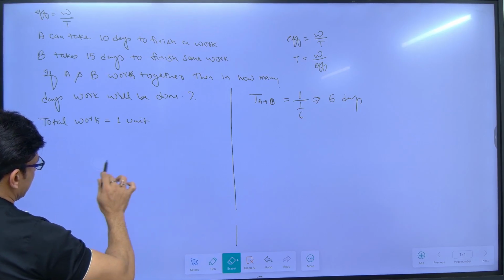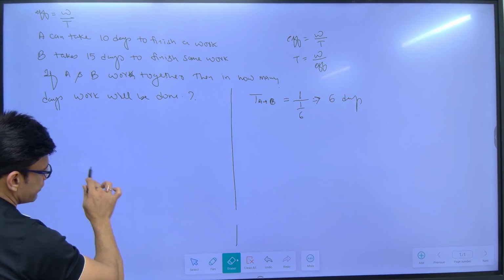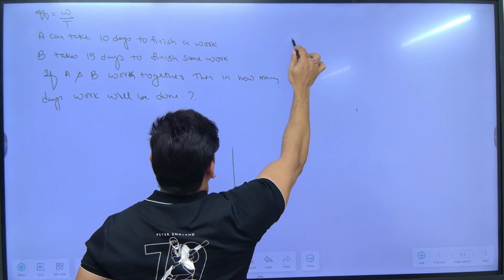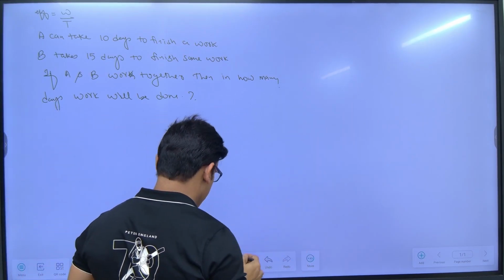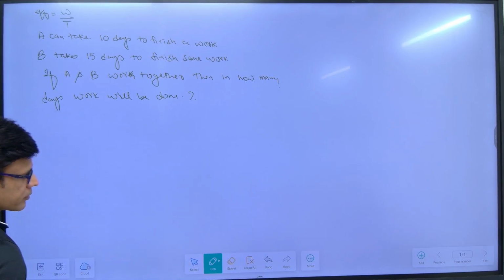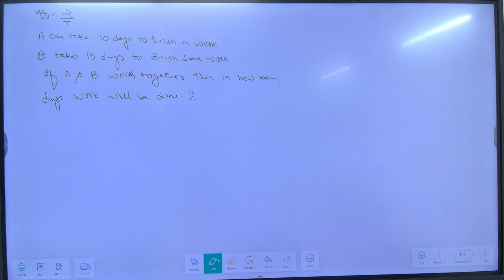Now, see, we don't like fractions so much, right? If I ask you to add 2 plus 3 and if I ask you to add 1 by 2 plus 1 by 3, which one you'll add first? 2 plus 3, right? Basic human nature.